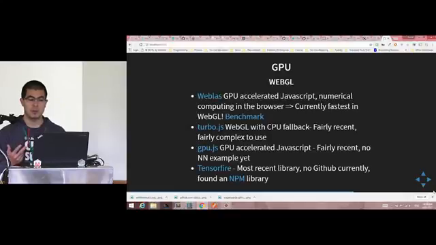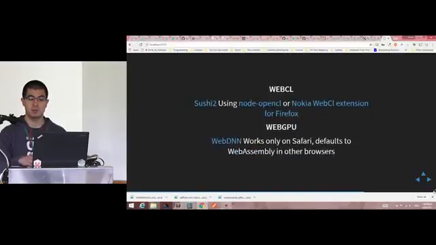Basically, it leverages GLSL, the language that is used with WebGL. You can also leverage your GPU differently using OpenCL or WebGPU, but it will be a different setup. It will be using Node rather than purely the browser, and usually it's restricted to a certain number of browsers. It's not cross-browser compatible.